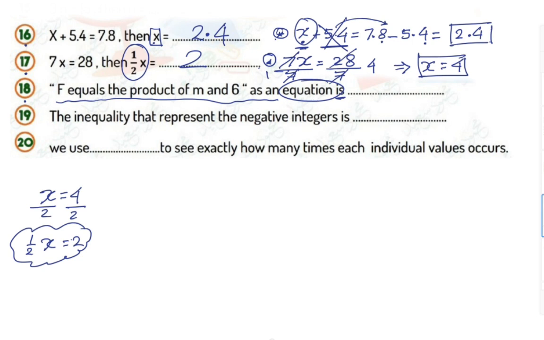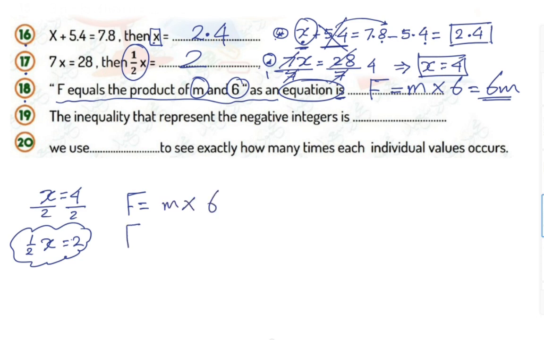Okay, he said f equals the product, so you have multiplication between m and 6. m multiplied by 6. You can write this equation f equals m times 6 or 6m, and that's the correct one.